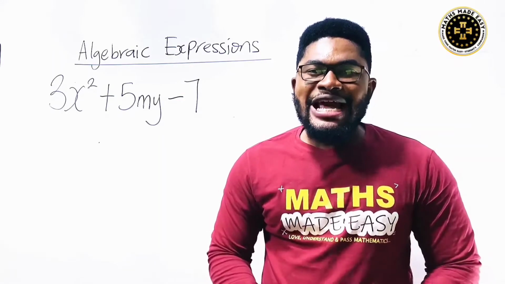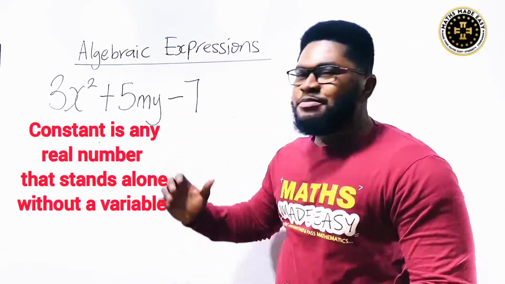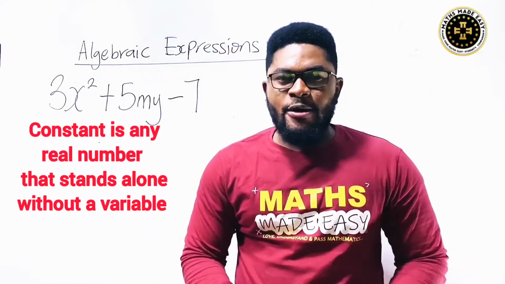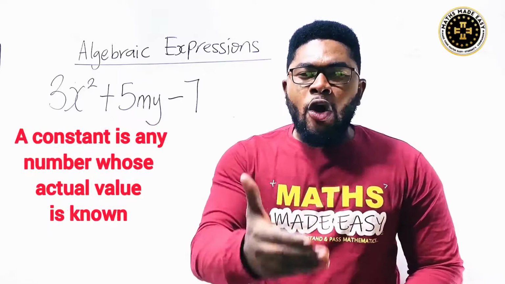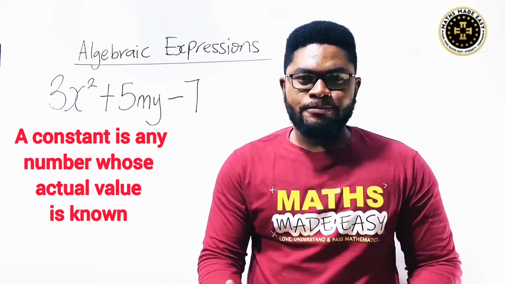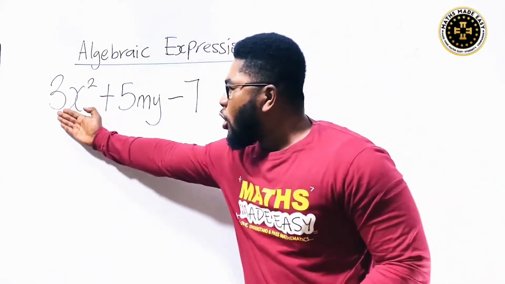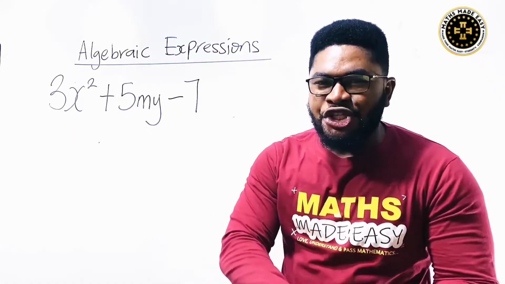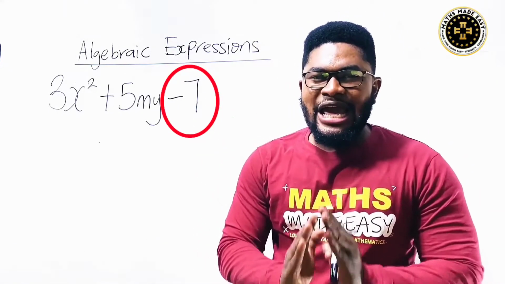That brings us to the next terminology called a constant. A constant may be any real number that stands alone without a variable. Also, a constant is any number whose actual value is known. So, looking at the expression here, we can see that almost all the numbers are attached to variables, but -7 is standing alone.